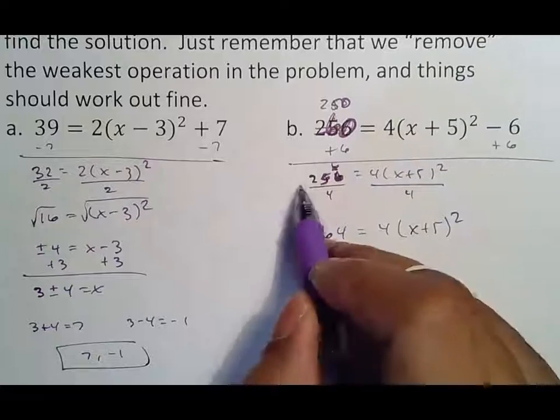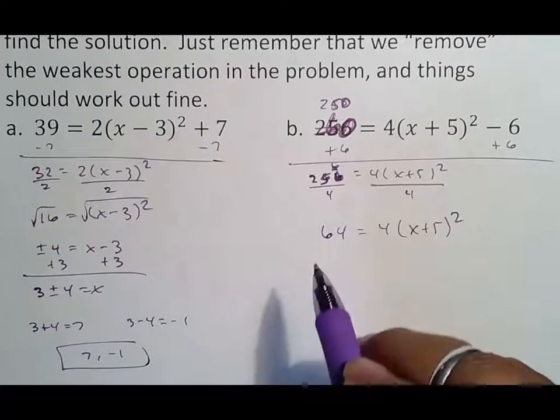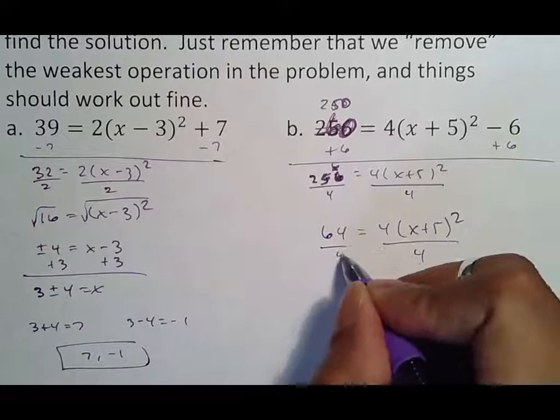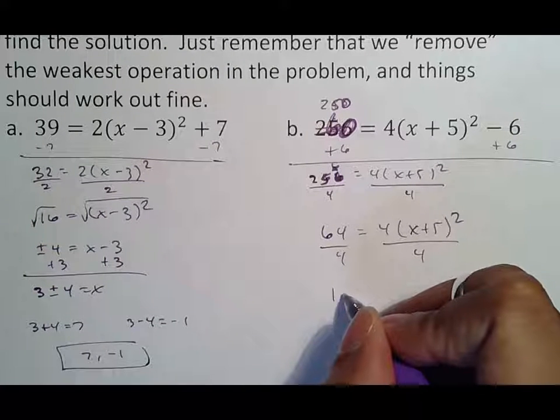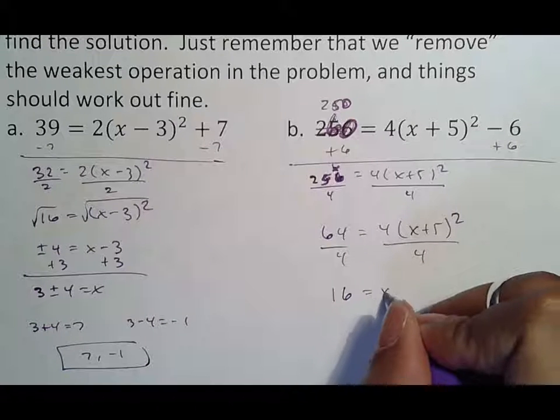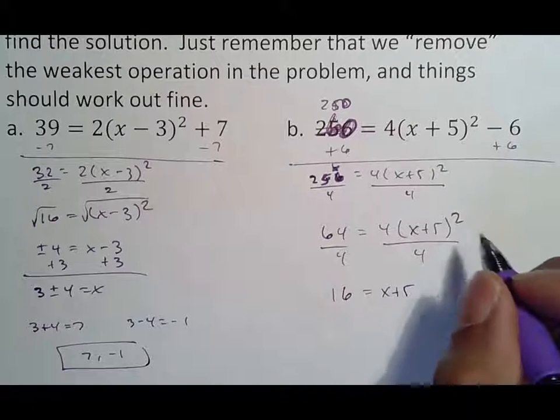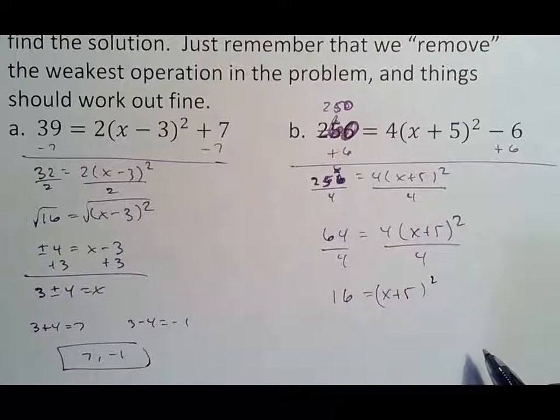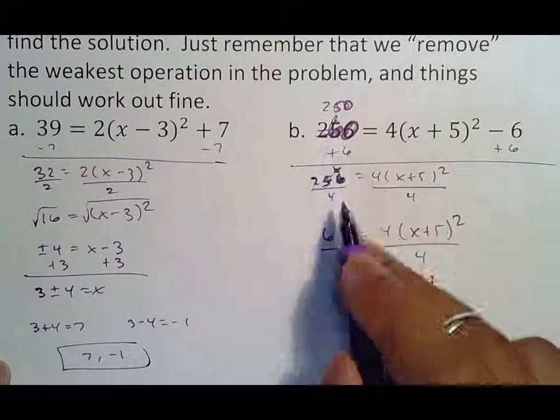You add 6, you get 256. 4 goes into 256 64 times. Now we'll divide by 4, getting 16, I hope. And x plus 5 squared. Starting over, add 6, got this.